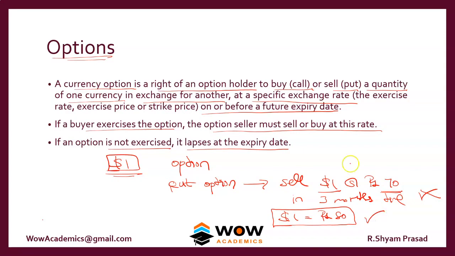So you will leave the option to just expire. You won't exercise it, and you'll use the spot market to sell your $1. So this is how the market works. But to get this option, you have to pay something called an option premium. An option premium is the cost to buy this option.